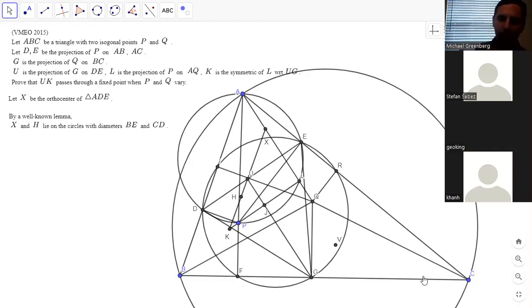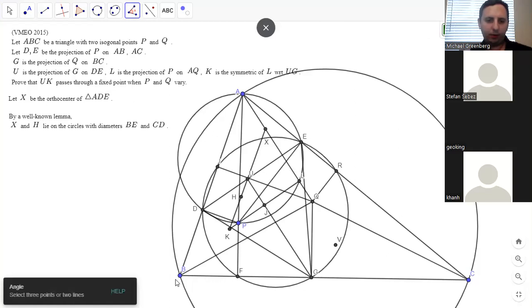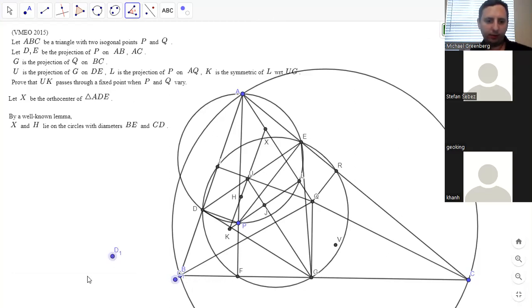Yeah, BG over GC. Okay. So which angles are you going to prove add up to 180? BQC and BGE. Let me check if that's true.